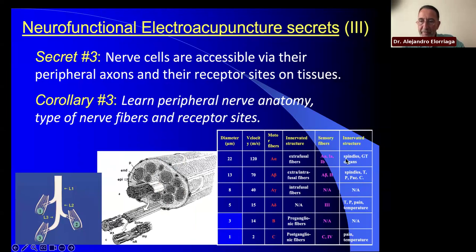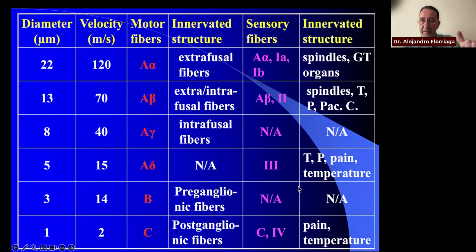So what is clear from this table is that for the body, the absolute priority is movement and control of the movement. If we continue, we still find something that has to do with the muscle, intrafusal fibers that, you know, are part of the muscle spindles.